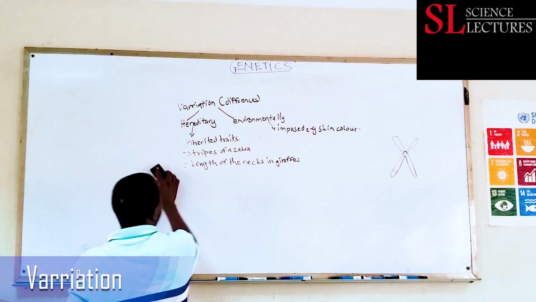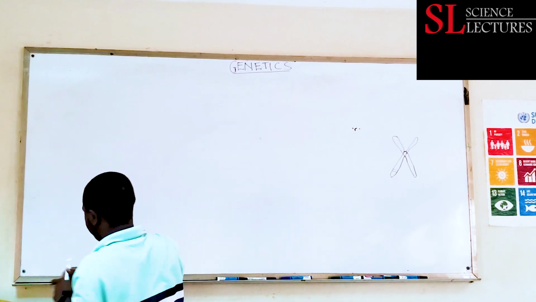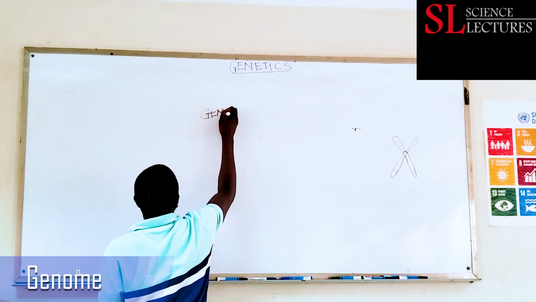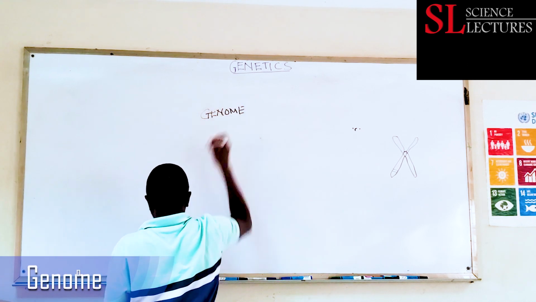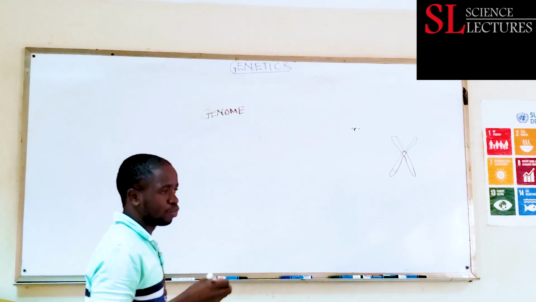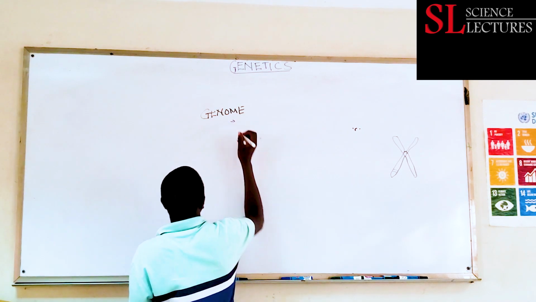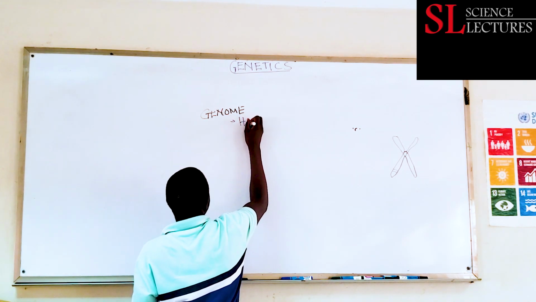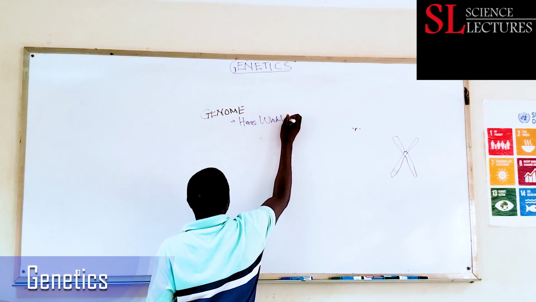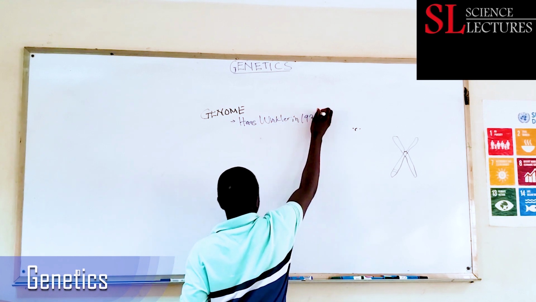And there is a new term we are going to encounter in our discussion, and that is the term genome. The word genome was first used by a French biologist called Hans Winkler in 1920.